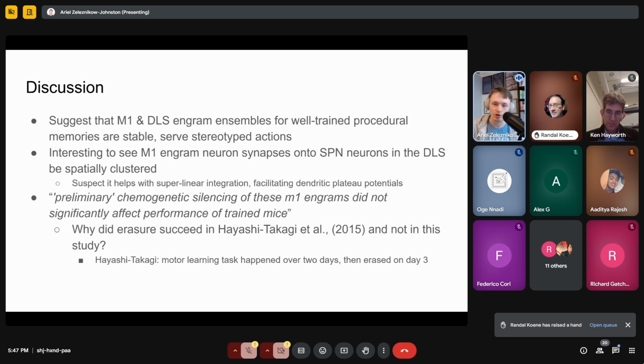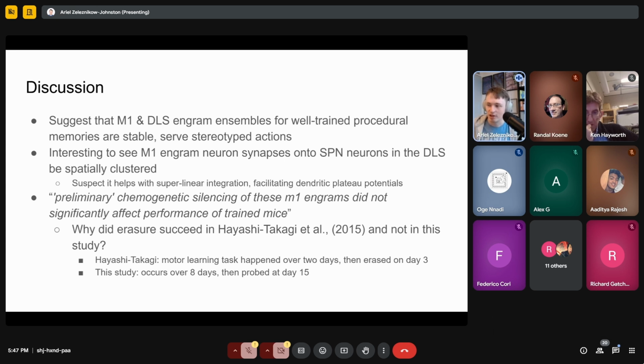So potentially, they did a better job of capturing all the spines involved in learning that task. Maybe the task hadn't been transferred to other cortical or brain regions as yet, as opposed to this task where the training happened much more extensively over 8 days. And I don't know when they tried the chemogenetic silencing, but the task itself was still seeing robust performance at day 15.